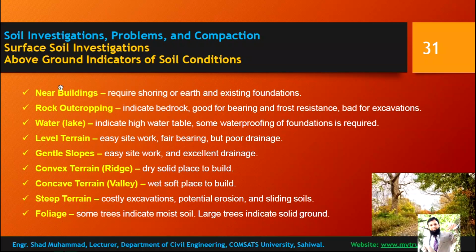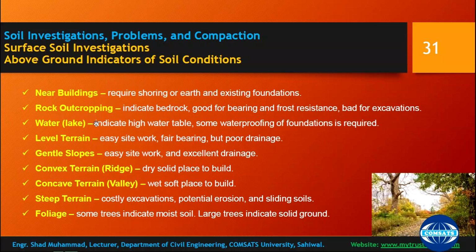Nearby buildings: surface soil investigations look at above-ground indicators of soil conditions. If nearby buildings are there, they may require shoring or underpinning of the existing foundations.